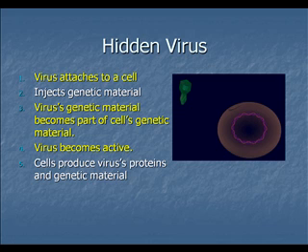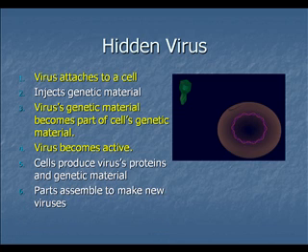The cells produce viral proteins and genetic material, and then the parts are assembled to make new viruses, and the cell will burst, releasing the virus. So really the only step that is different is that instead of going immediately into action, the virus will actually hide its DNA inside the DNA of the host cell.